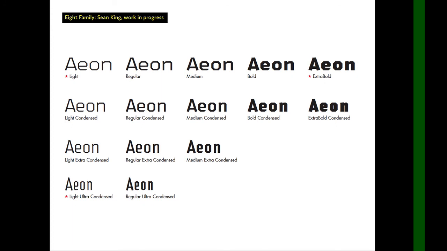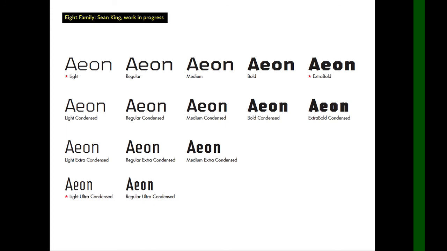It is much easier for type designers now working with 21st century digital tools to create variations of weight and width. For this particular family, I designed those 3 weights with the stars: the light, the extra bold, and the light extra condensed. Those are the only 3 weights that I actually drew all the letters for. Then I set parameters for the computer to interpolate the weights and widths in between.